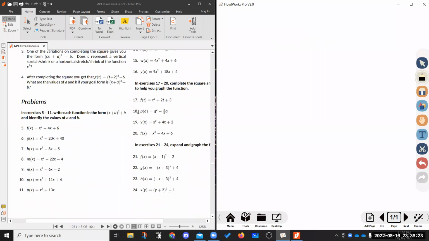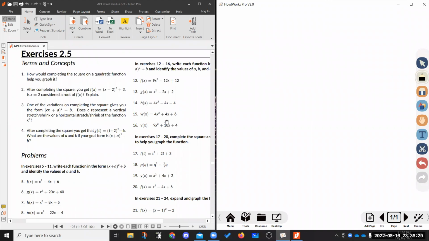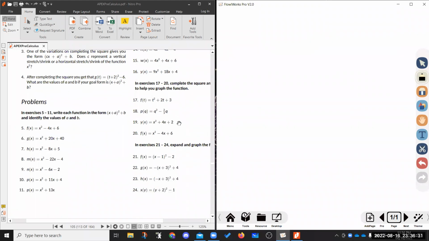So I'm going to ignore the instructions here for this, and I'm going to complete the square according to the method that we need to use to get the vertex form of the parabola. So f of x is equal to x squared minus 4x plus 6.